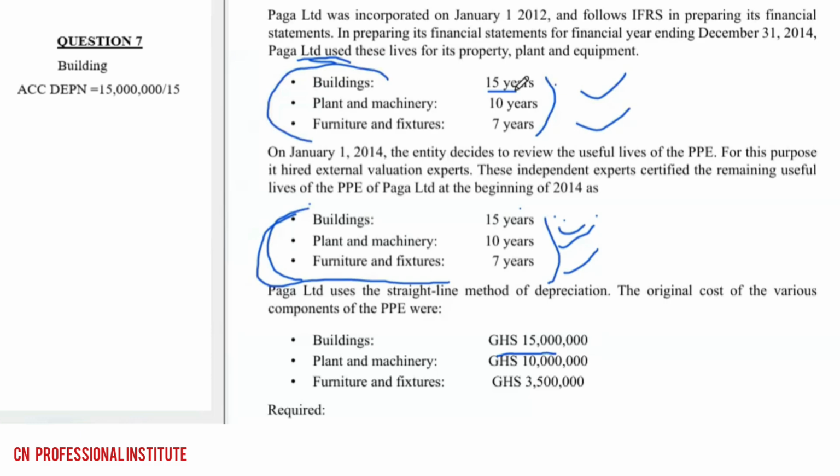So 50 million divided by 15 years will give us something like 1 million per year. For 2 years, for 2012 and for 2013, we can multiply it by 2.